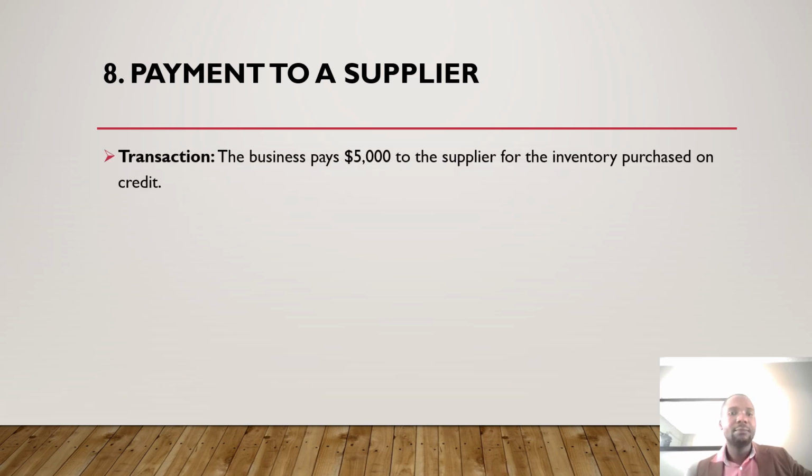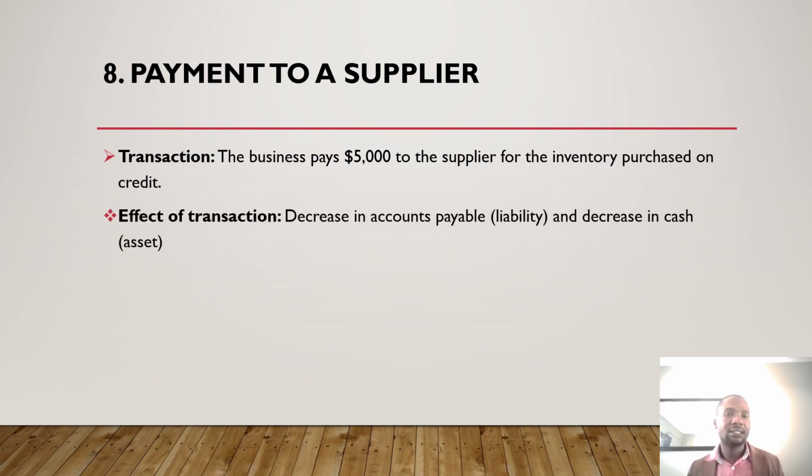Okay, and then payment to a supplier. So the business pays $5,000 to the supplier for the inventory purchased on credit previously. So the effect of this transaction is that there will be a decrease in accounts payable, a decrease in the obligation that we have to the supplier since we have paid them. On the other side, there will also be a decrease in our cash since now we have used the cash to pay the supplier.